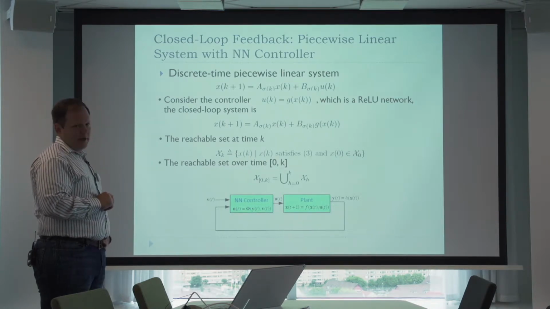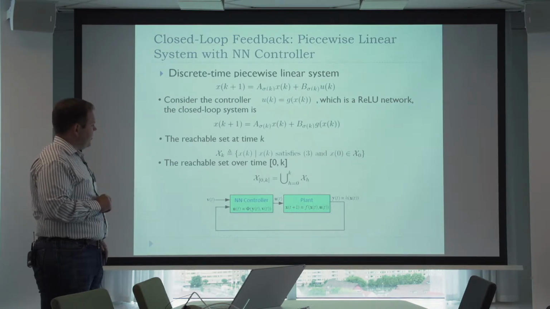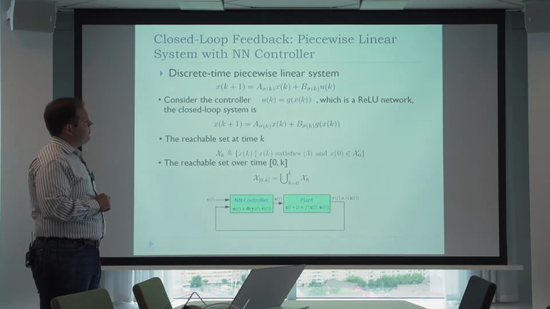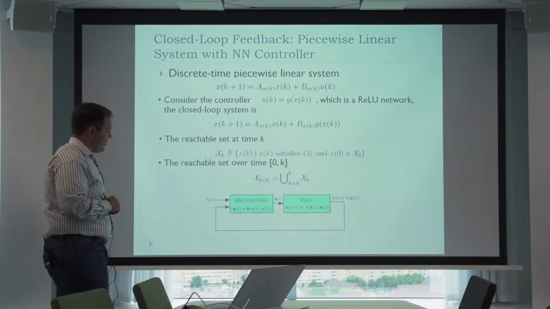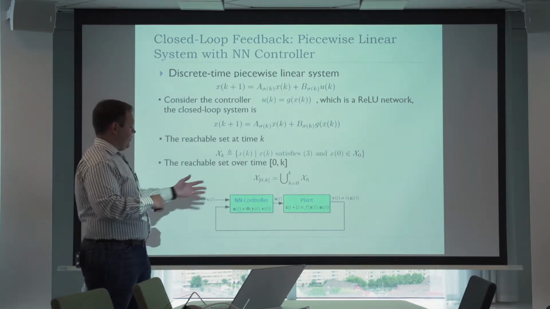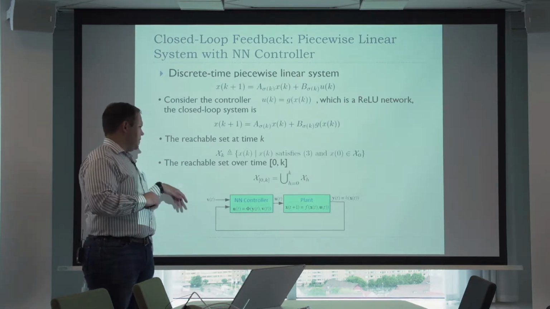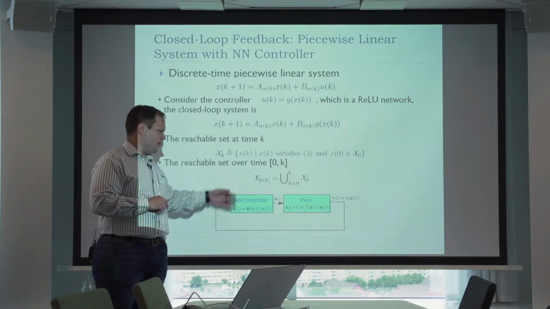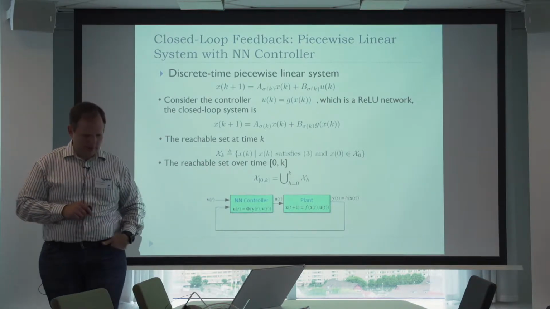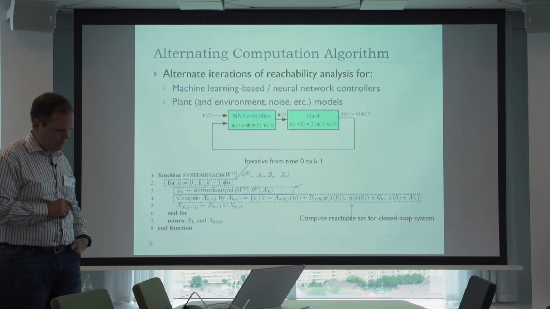So we'll look at a time-bounded set of reachable states. In this case, we're assuming linear dynamics for the plant. And then the control is whatever that ReLU had done. So this is just a definition of essentially a time-bounded reachable set up to some k discrete units of time.